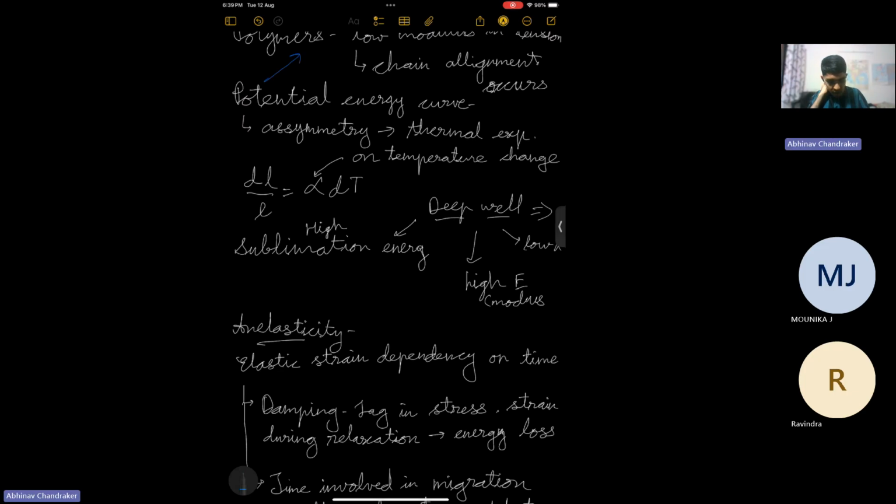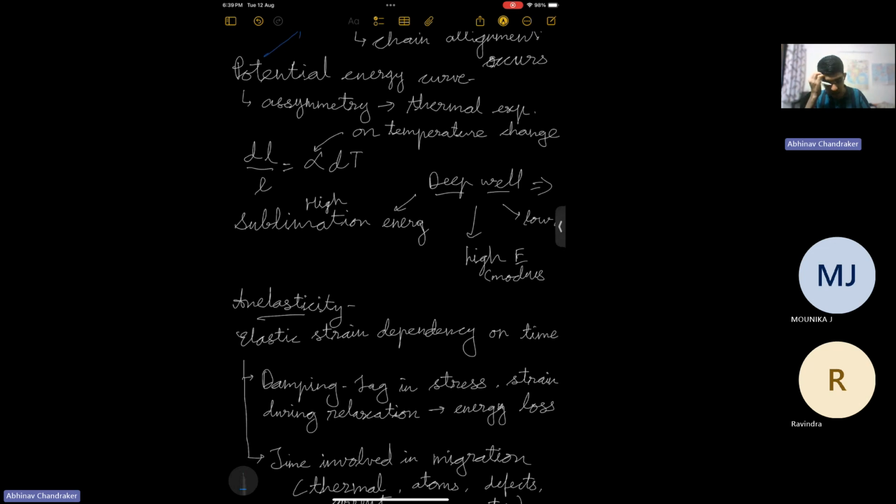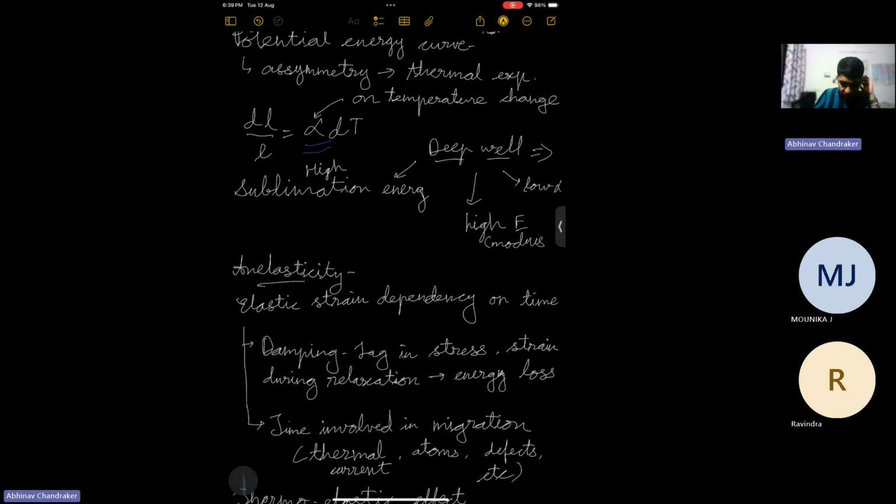So we again look at the potential energy curve, a very important concept in material science. We had already seen the asymmetry that is there for compression and tension, and this also results in a positive thermal expansion coefficient, which is given by alpha. This is the formula for it.